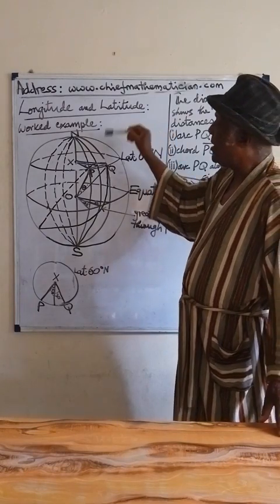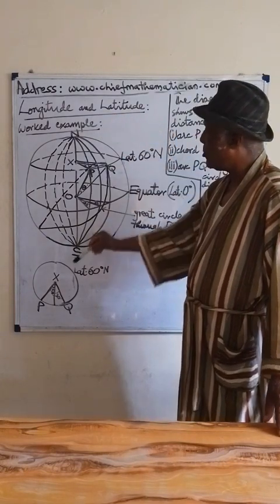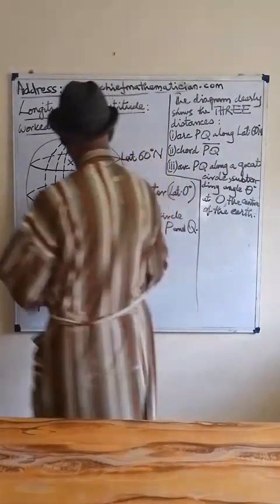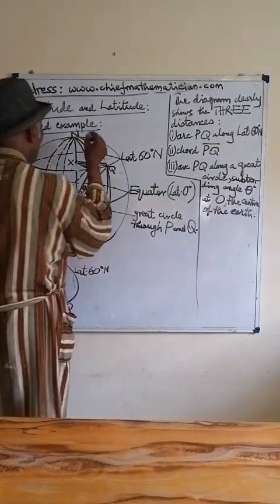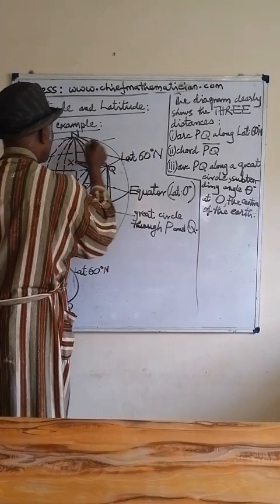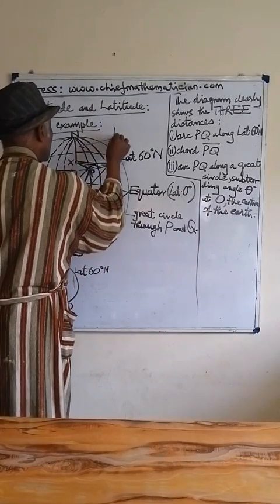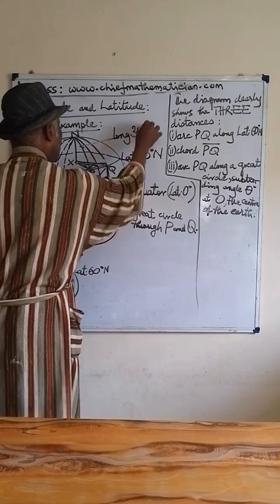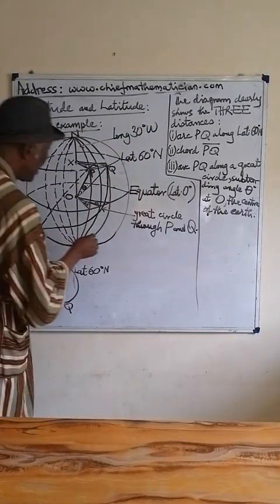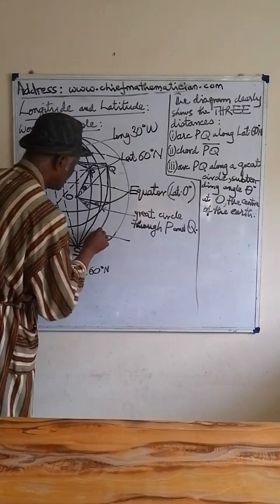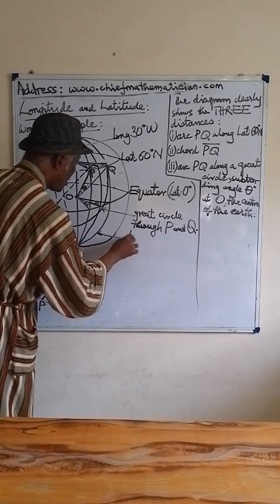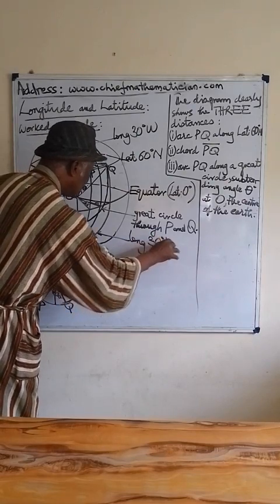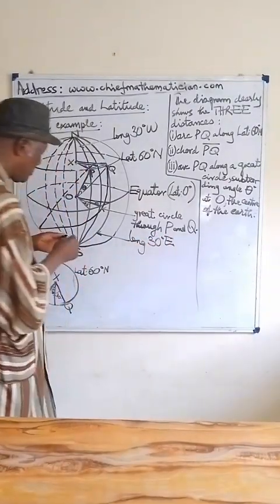The point P lies on longitude 30 degrees west, and this one is longitude 30 degrees east.